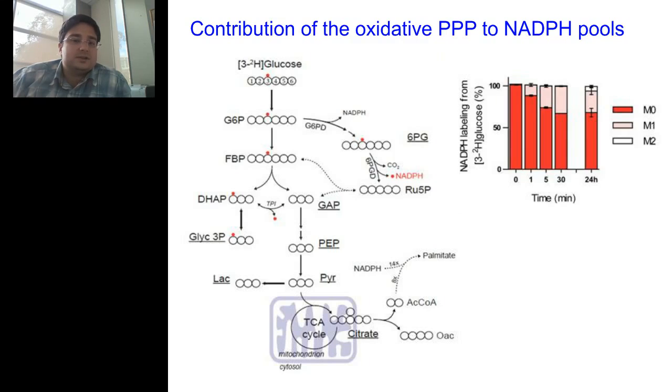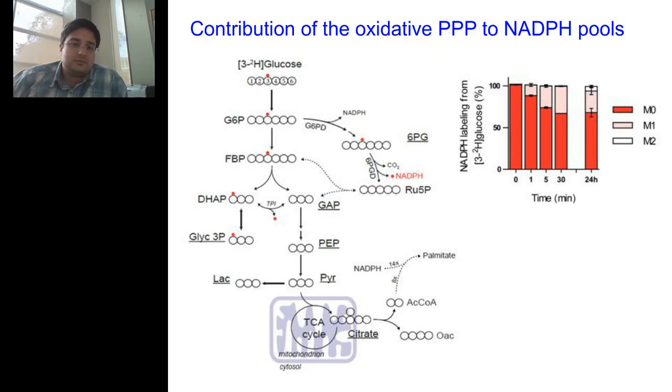Glucose can be metabolized through this pathway, and this hydrogen atom on the 3 carbon of glucose is transferred to NADPH via 6-phosphogluconate dehydrogenase, the second enzyme in the oxidative pentose phosphate pathway.